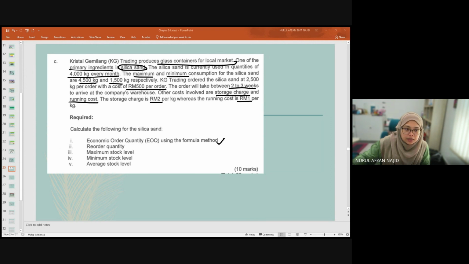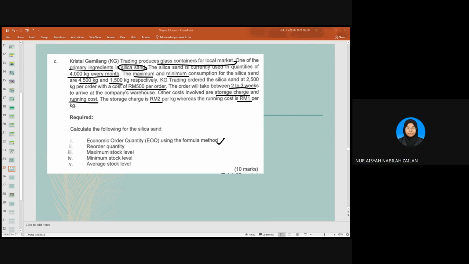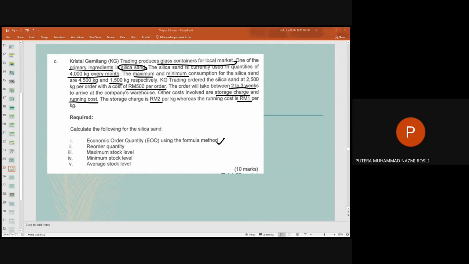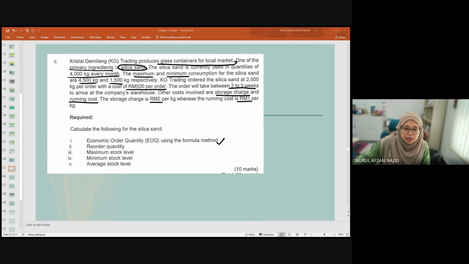Aisyah Nabila, you dapat tak jawapan? Saya tengah kalkulate lagi. Putra, you dapat tak jawapan? Dapat, tapi tak tahu betul ke tak, sebab saya dapat 4,898.98. Betul ke? 4,898.98? Okey, dekat-dekat dah. Jawapan dia salah tapi dekat-dekat. Baca betul-betul tau.